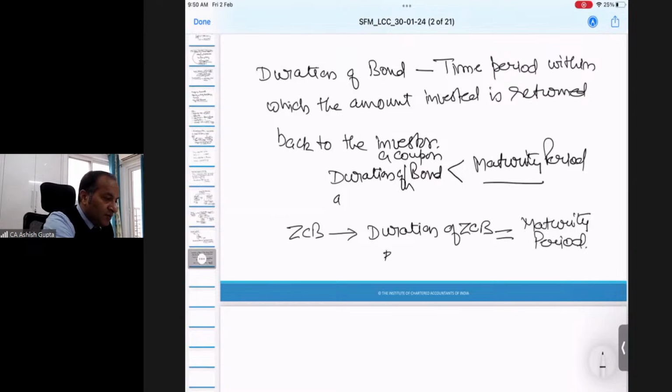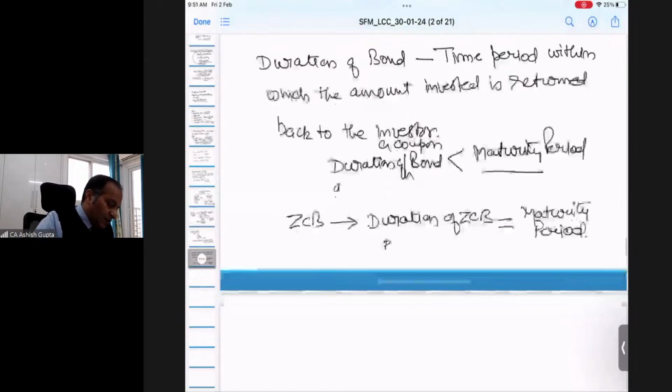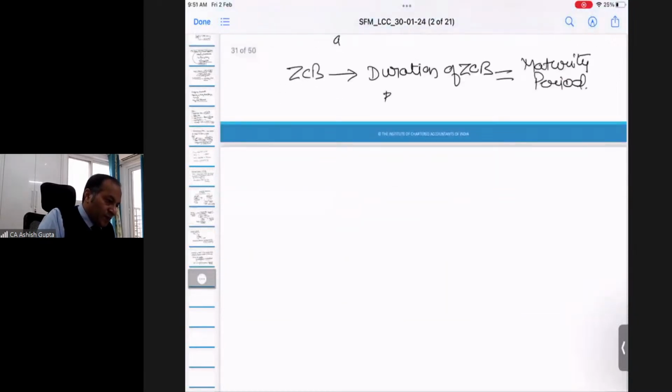Now the question comes, this bond duration term was started by Macaulay.